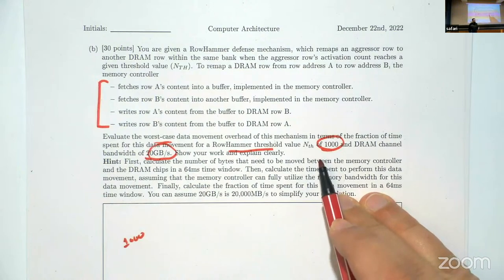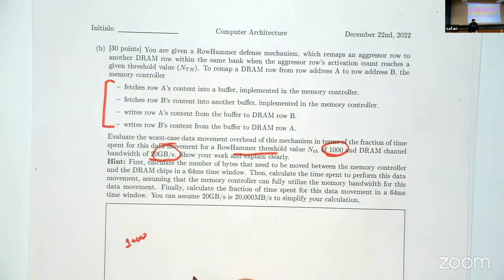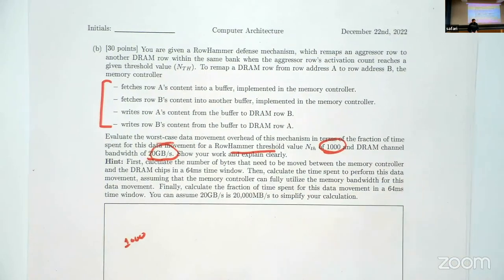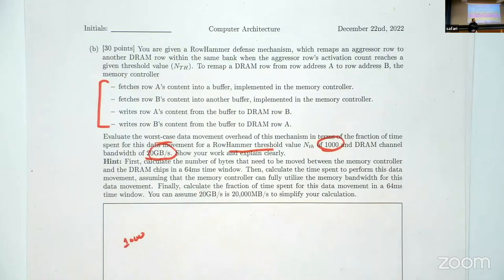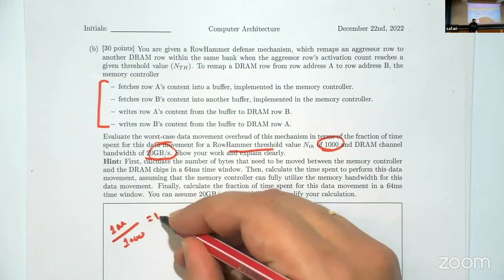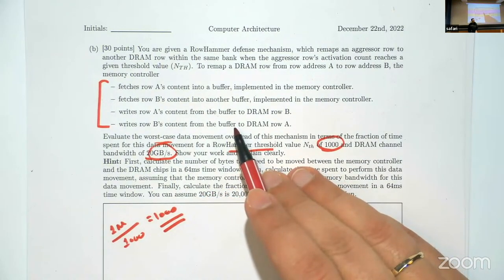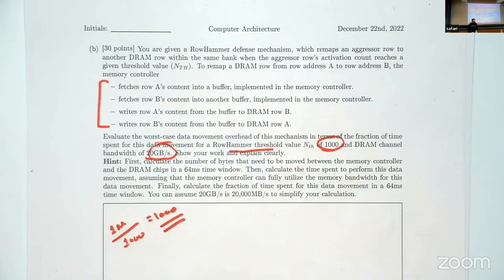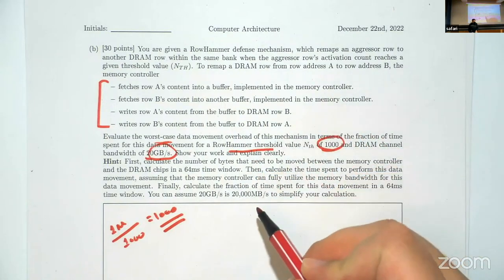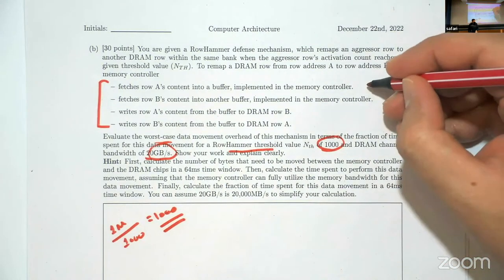And from the previous part of the question, we already know, or you can also calculate in this question, that in 64 milliseconds, you can perform 1 million activations. So 1 million over 1000 is 1000. So I can trigger this operation 1000 times in a 64 millisecond window. And we know that the row size is 8 kilobytes. So we fetch this row.